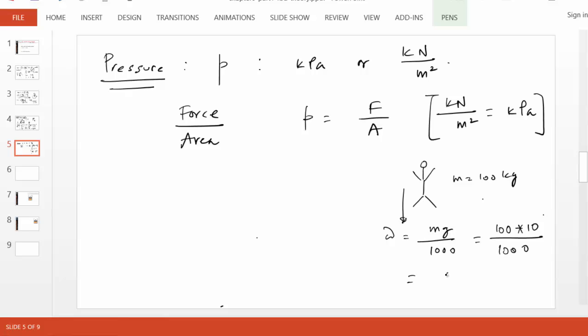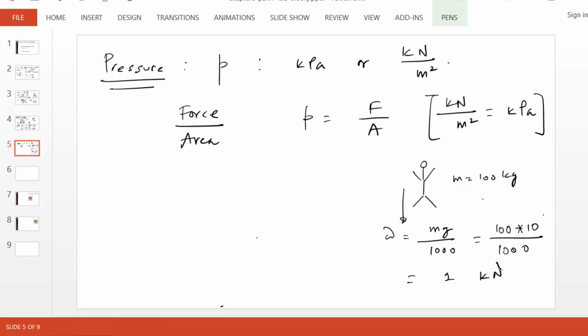So that becomes 1 kilonewton. So for force, we have a nice benchmark. If we have a football player who is a typical weight of 100 kg, give or take, then his weight is 1 kilonewton. So very easy to understand force now, correct?